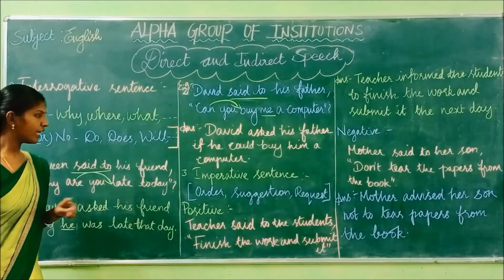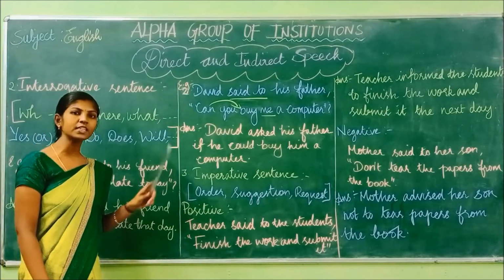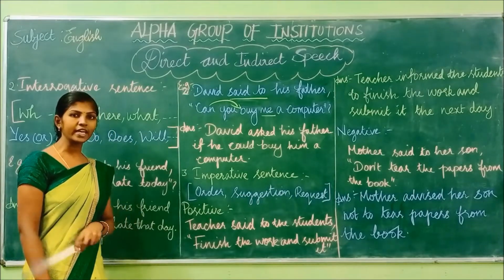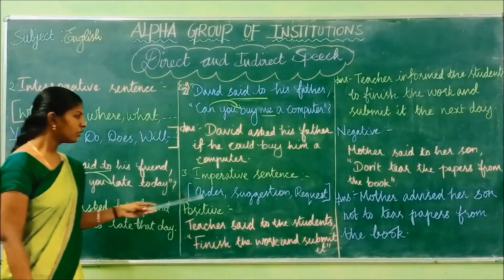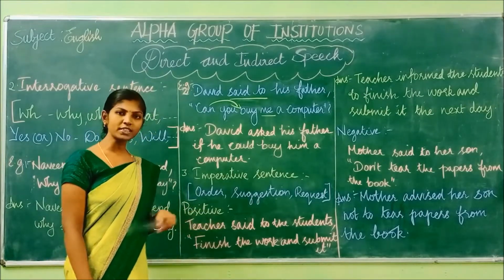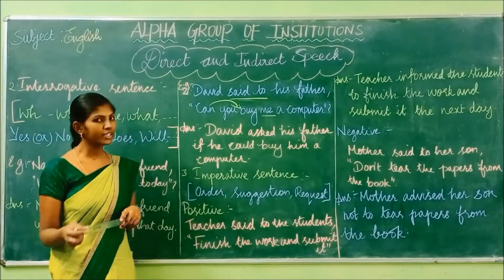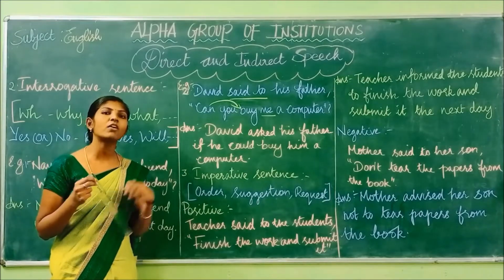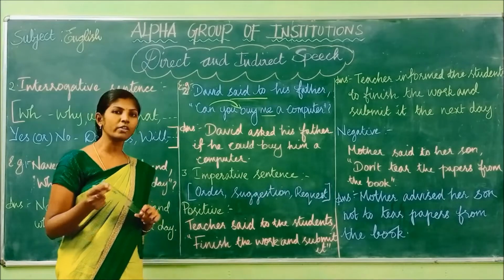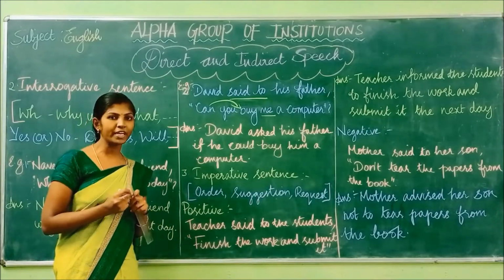So now let's see imperative sentences. How would we change direct sentences of imperative into indirect sentences of imperative? Before entering into imperative sentences, let's be clear. What is an imperative sentence? When we say something like ordering or requesting or suggesting, all those sentences are called imperative sentences.